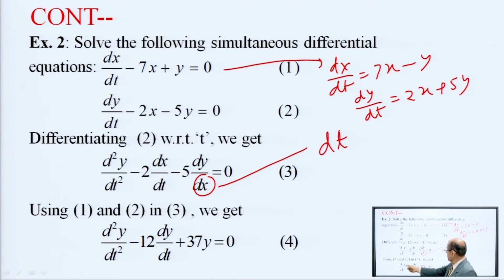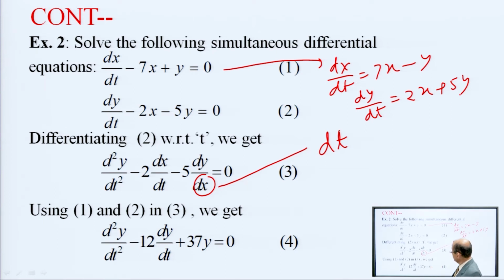Using 1 and 2 in 3, we get d2y by dt square minus 12 dy by dt plus 37y is equal to 0.